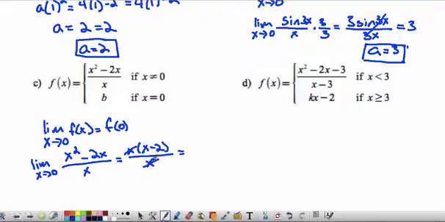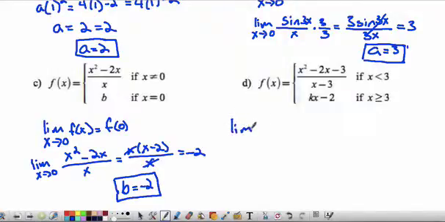I no longer have the problem of having a 0 in the denominator. So when I put my 0 in here, 0 minus 2 is negative 2. And where x equals 0, I would have to have negative 2 then. So b equals negative 2.